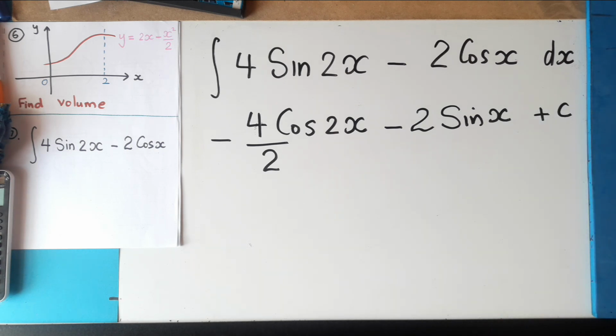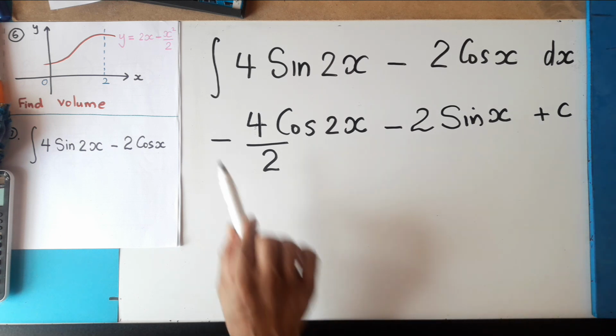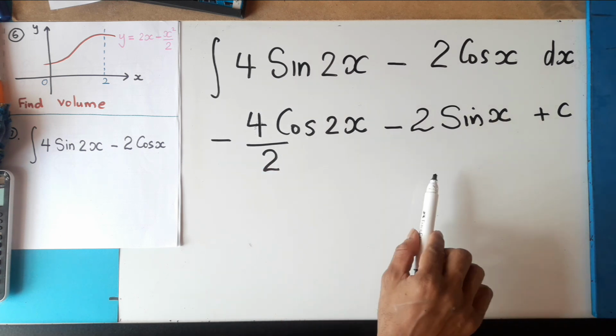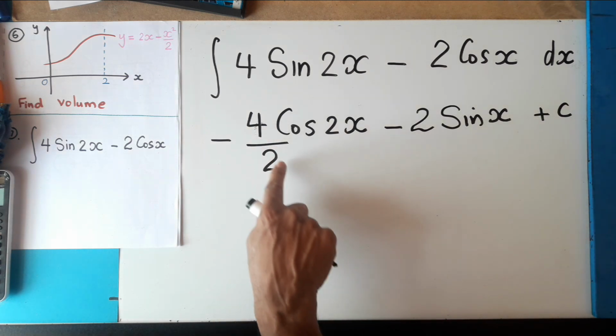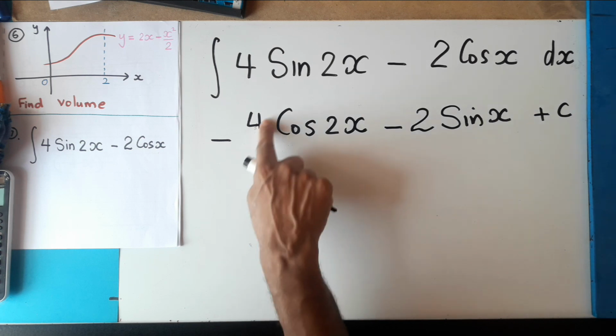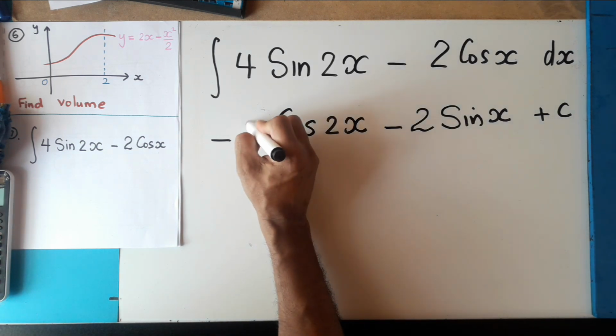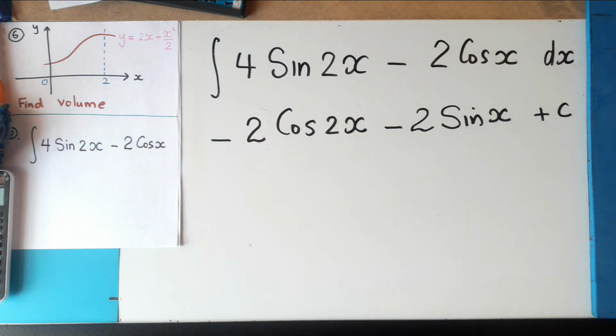Alright, so I guess we can simplify this a little bit. Let's double check something here. Right, everything is correct. So we can simplify this here. 4 divided by 2 is 2. And this is the answer here. But, oh, I know the trick they're going to put on you. When you look in the A, B, C, and D, you're not going to see this anywhere.